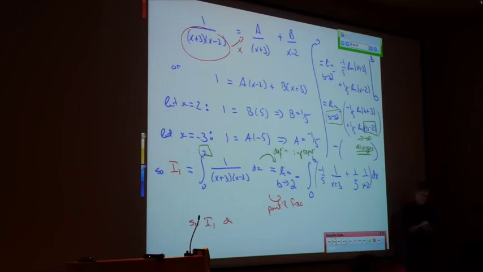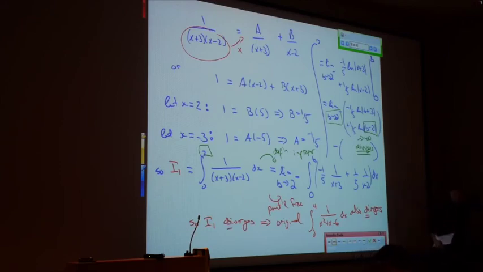So I1 diverges, which implies the original integral from 0 to 4 of whatever we had, x squared plus x minus 6, also diverges. That's it.